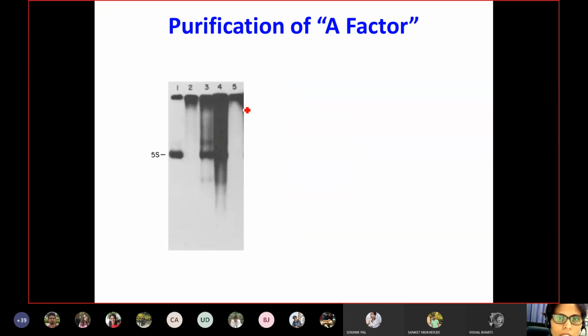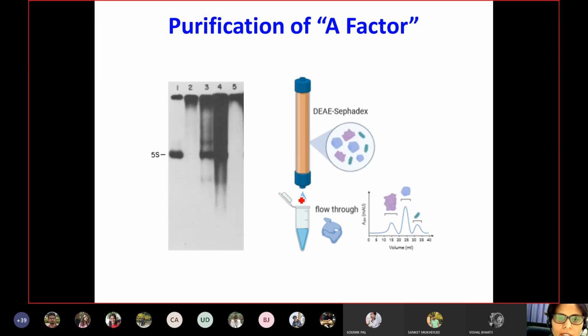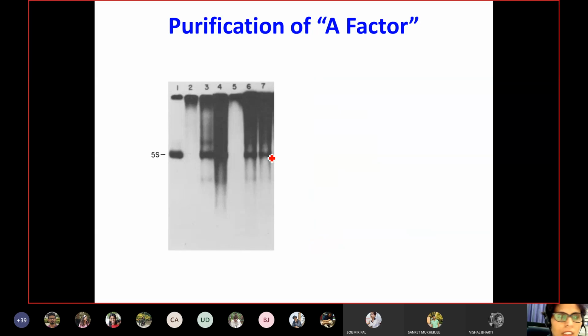Here it gives no transcription. Whereas when the same flow through was added with the exogenous RNA polymerase 3, what you see in both 6 and 7, you have very nice activity of 5S RNA transcription. So you have some of the transcript made by this method.